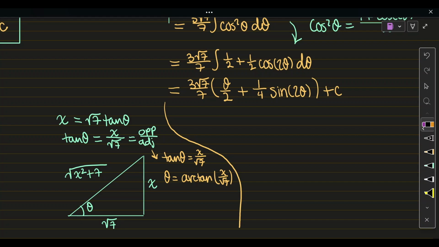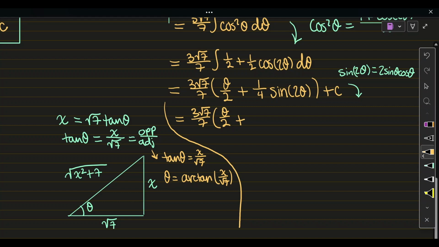So I'm going to rewrite this using the identity that sine 2 theta is equal to 2 sine theta cosine theta. That tells me that I have 3 square roots of 7 over 7 times theta over 2 plus 1/4 times 2 sine theta cosine theta plus c.